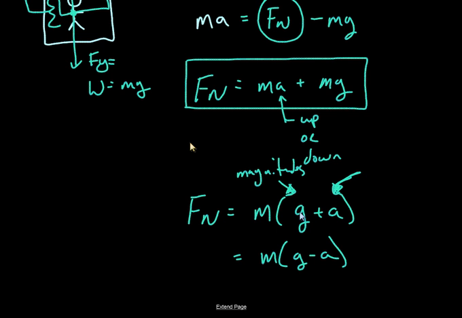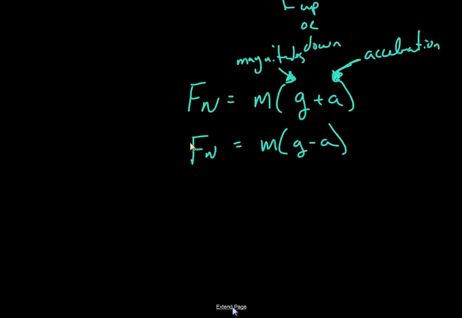Okay, so this is g, we know what that is, and a is the acceleration of the elevator. If it's accelerating up, or if it's a situation where you have a larger Fg, it's going to be plus. If it's a situation where you have a lower apparent weight, it's going to be a subtract. So let's just write a final scenario out here.